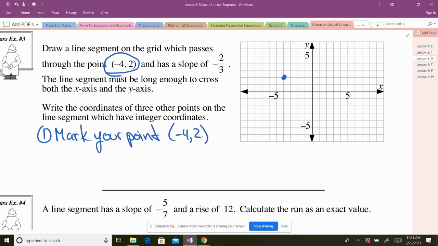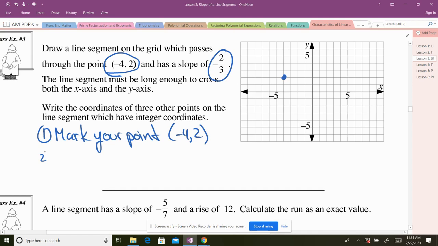So we've marked our point. Now we know the line goes through that point and has a slope of -2/3.